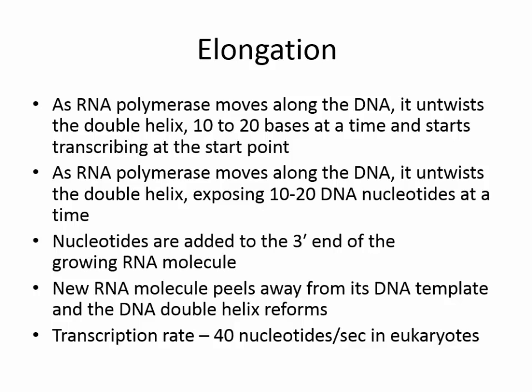Nucleotides are added to the 3' end of the growing RNA molecule. The new RNA molecule peels away from its DNA template, and the DNA double helix reforms. The transcription rate is about 40 nucleotides per second in eukaryotes.